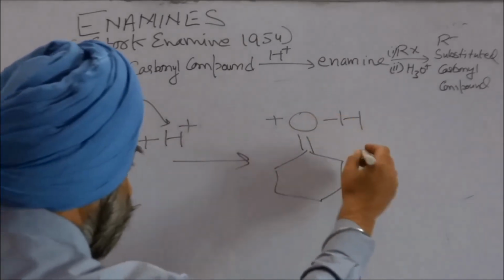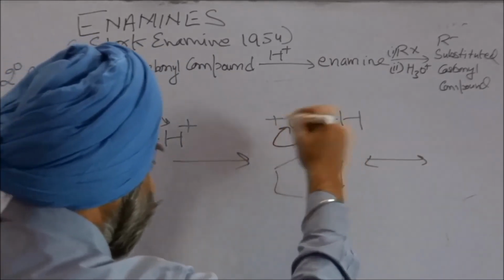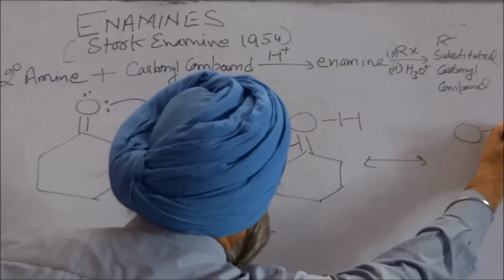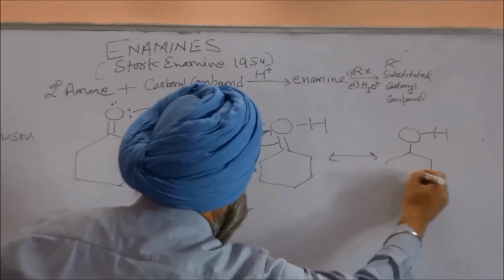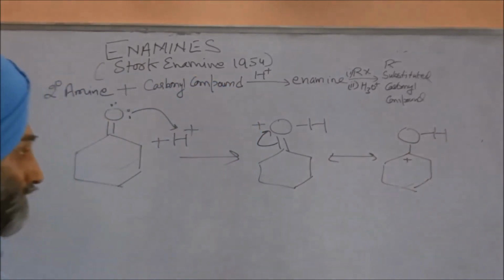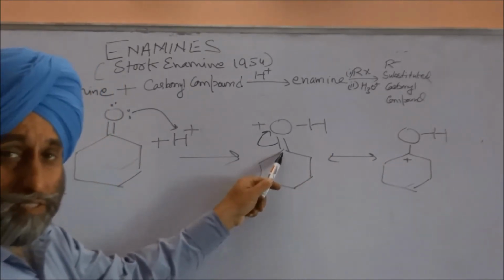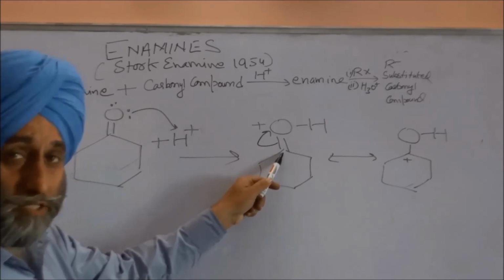Now this substance is resonance stabilized because the oxygen can withdraw its electrons, giving us a positive charge at this position. We can say that this carbon is an electrophilic site.